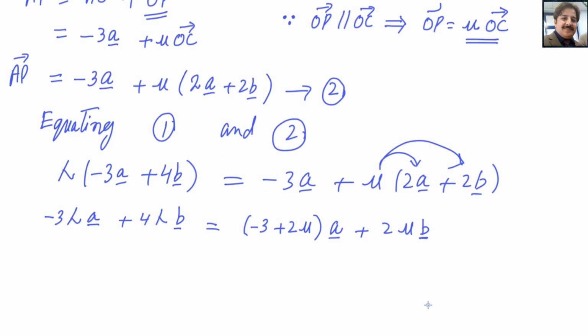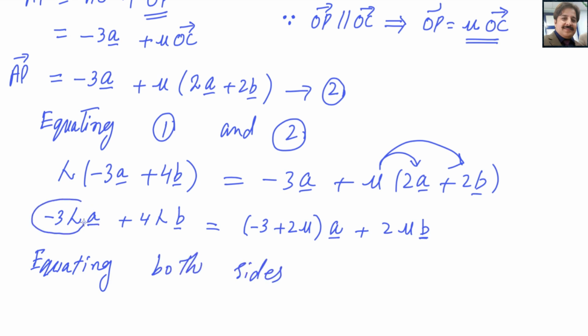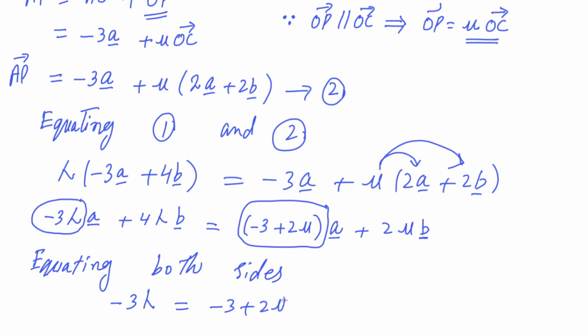Again, if we equate both sides, we take the coefficients of A. Coefficient of A will be equal to coefficient of A on the right side. Coefficient of B will be equal to coefficient of B on the right side. So you can equate both sides. Here the coefficient of A is this one and here is this one. So we can write them equal. Minus 3 lambda will be equal to minus 3 plus 2 mu.